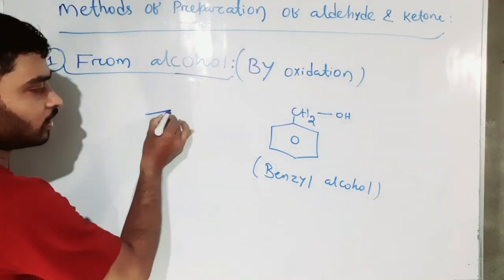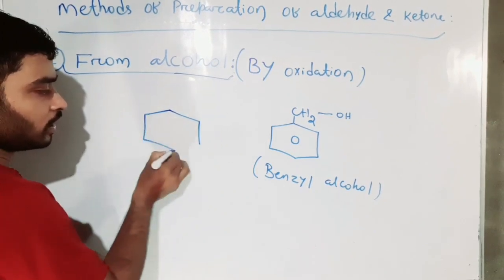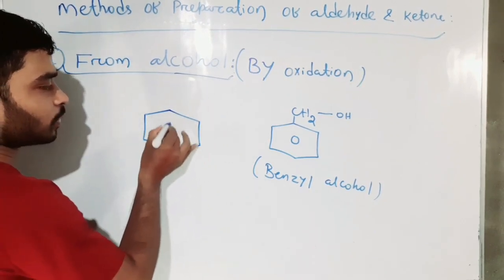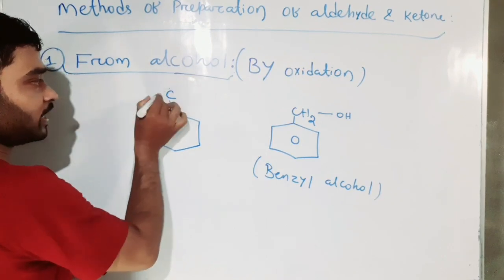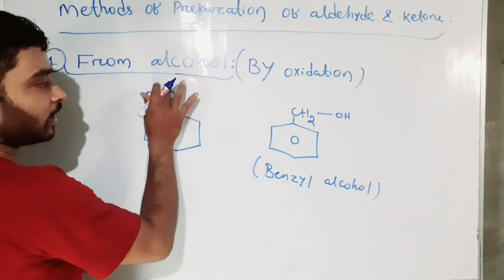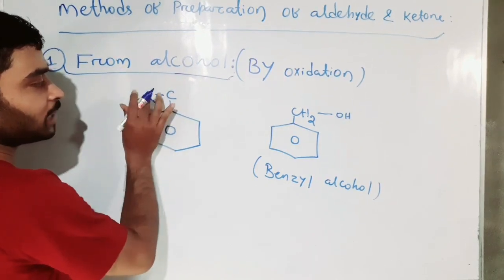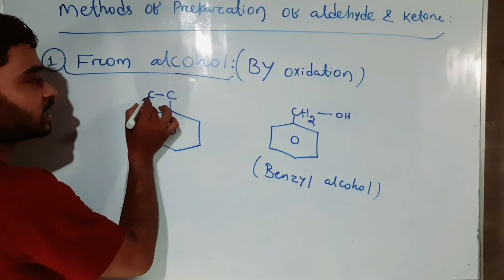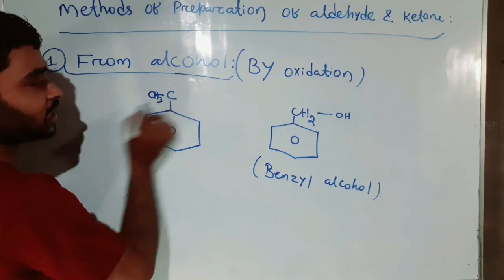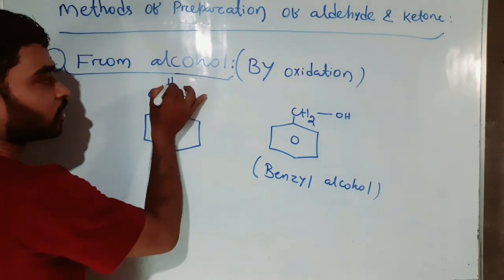I am writing here. It is the benzyl group, and one hydrogen of the benzyl group is replaced here and is occupied by carbon. I am writing directly carbon, that is CH3, the methyl group, and I am writing here one hydrogen.